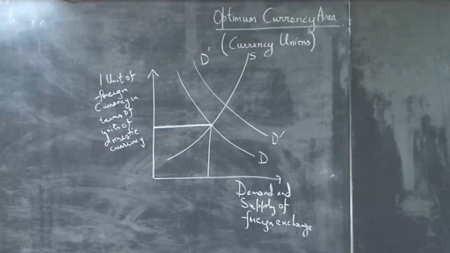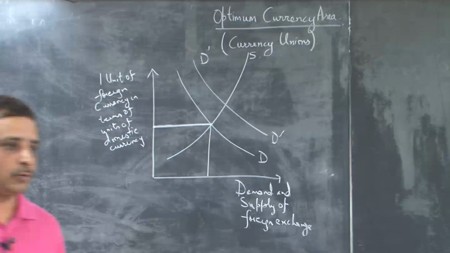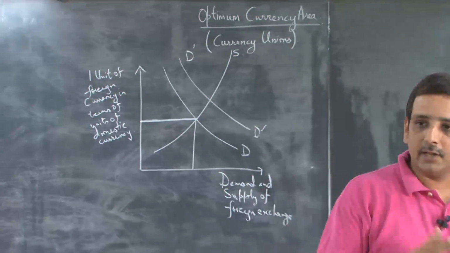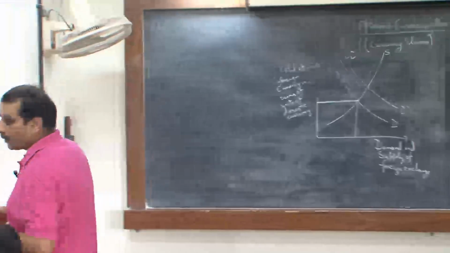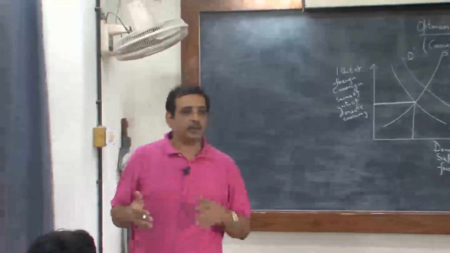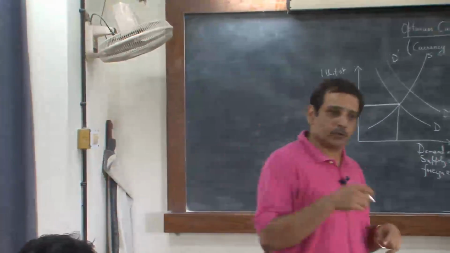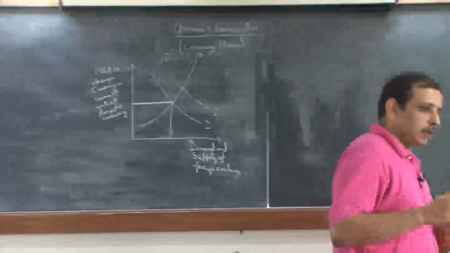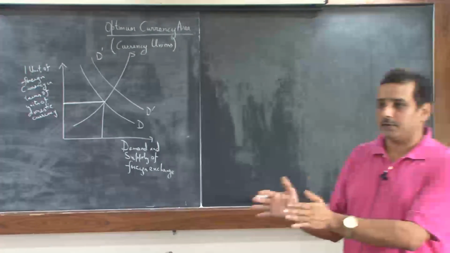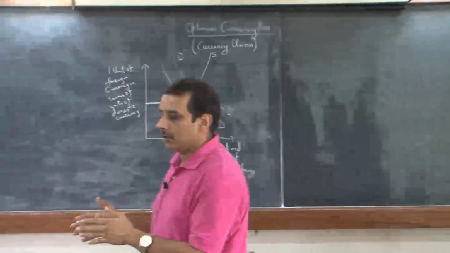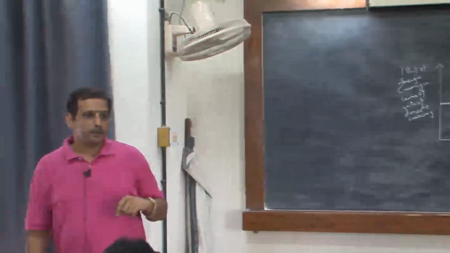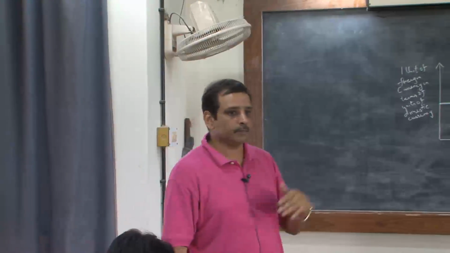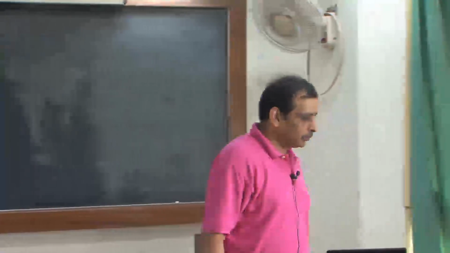An example which is given in the literature to explain the OCA is the example of the European Union, where people from, this is what I am talking about, Europe before the 90s. So you had one set of countries in Eastern Europe, and you had the rich countries in the western part of Europe.